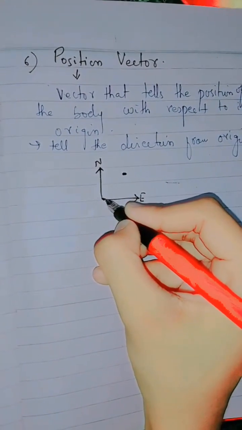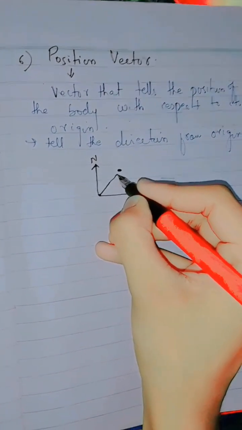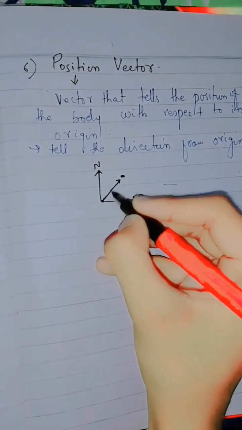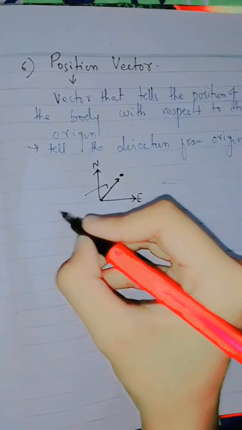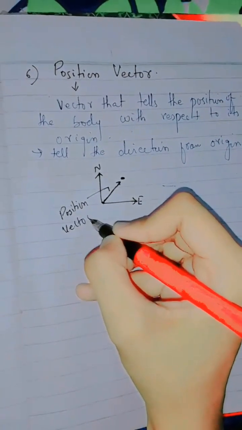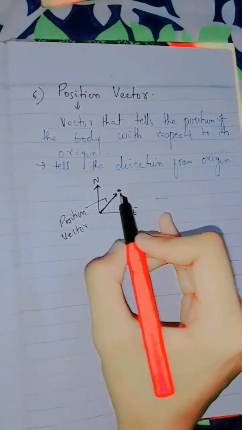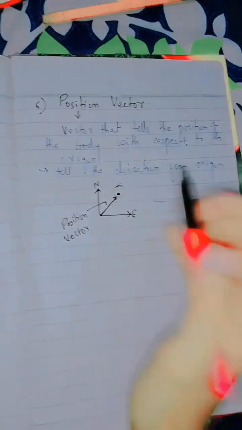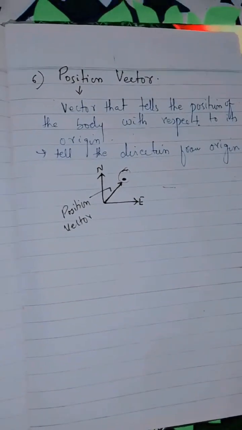That is basically called the position vector. Means it will tell the position of the body, means where it is. It will tell the direction of that body but from the origin.